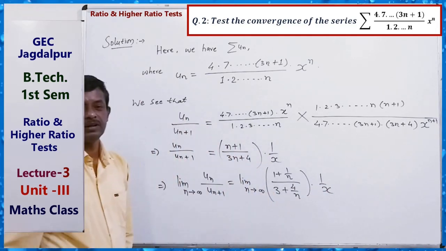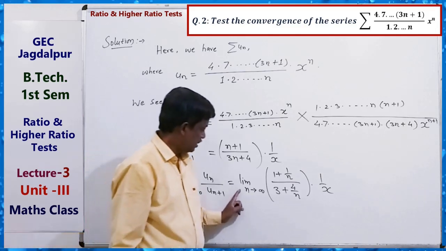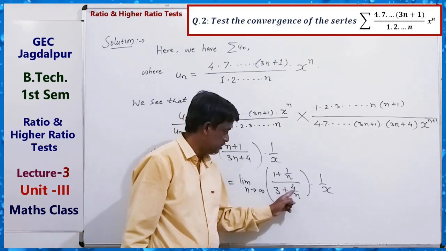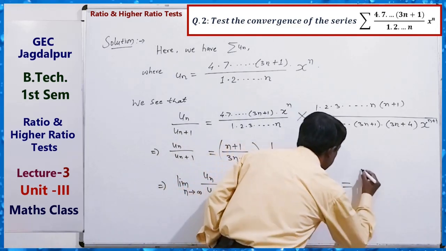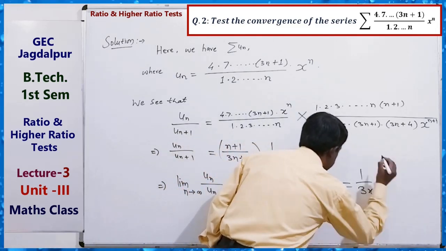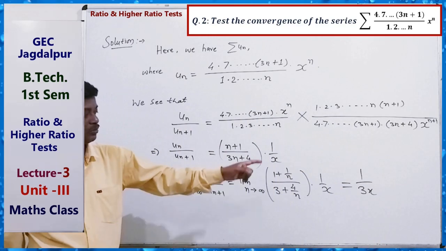So what will be the limit? As n tends to infinity, the 1 by n and 4 by n terms go to 0, so we get 1 by 3x. So its limit is equal to 1 by 3x.